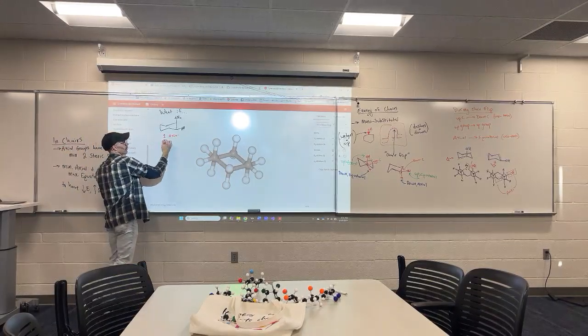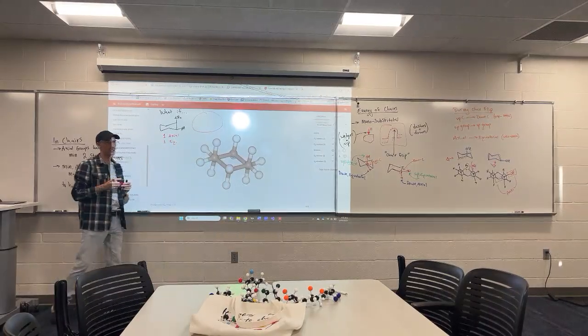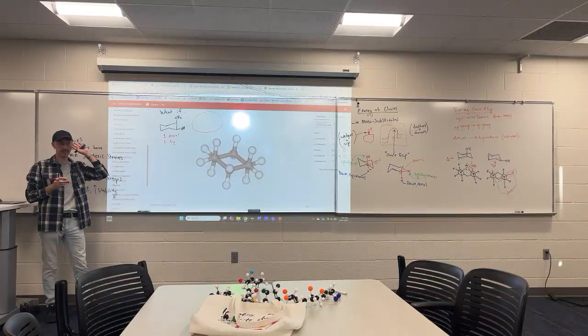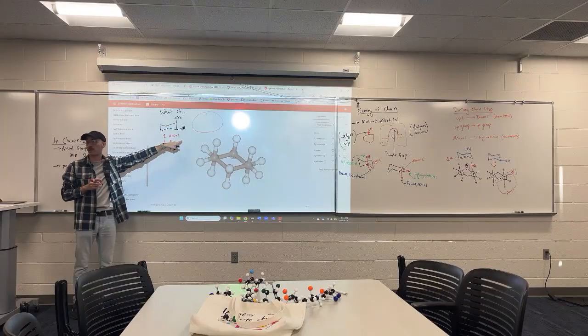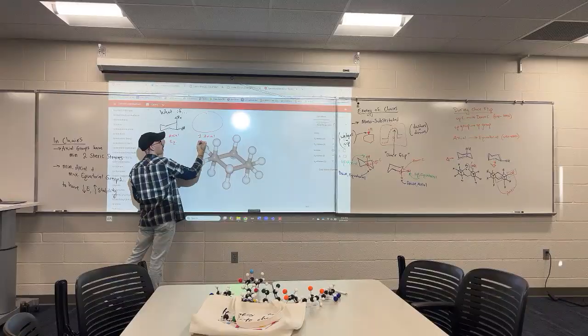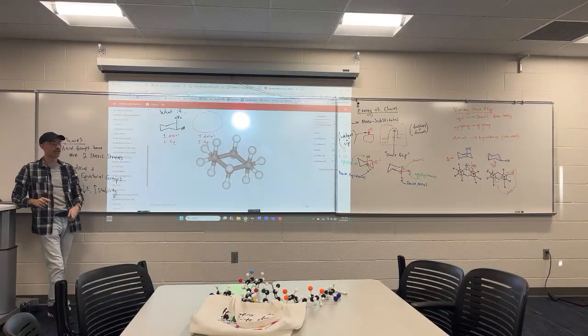Axial, 1 equatorial. How many in the other chair? How many axial groups? It's the same. Because this axial group is going to become equatorial, and this equatorial group will become axial. So it's the same. I don't even have to draw it to know how many will be axial, how many will be equatorial.